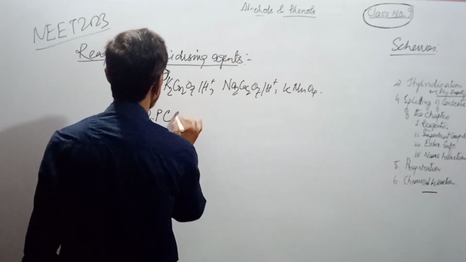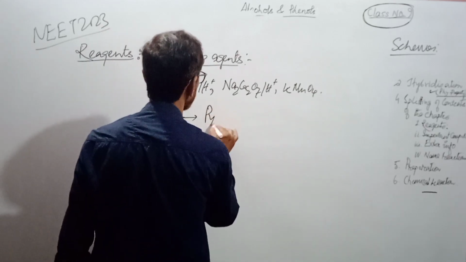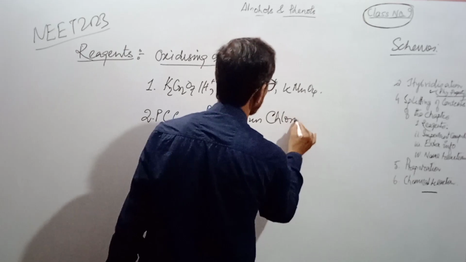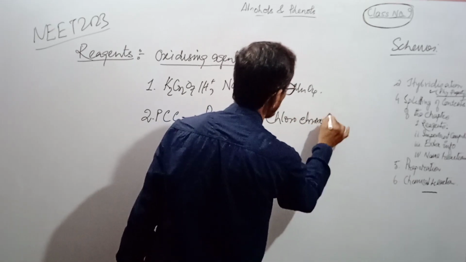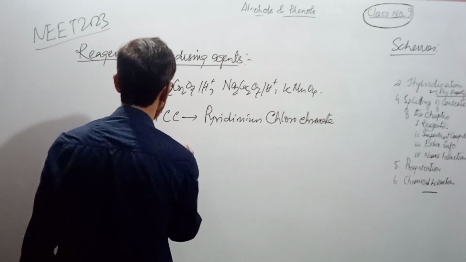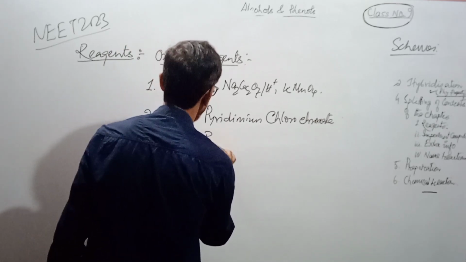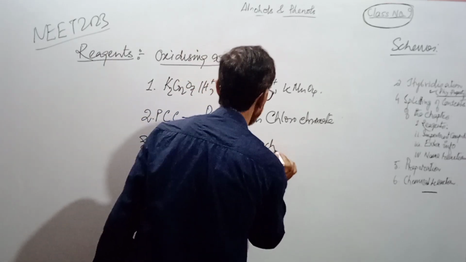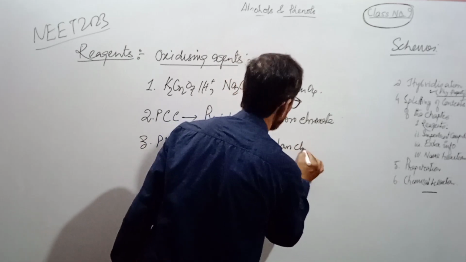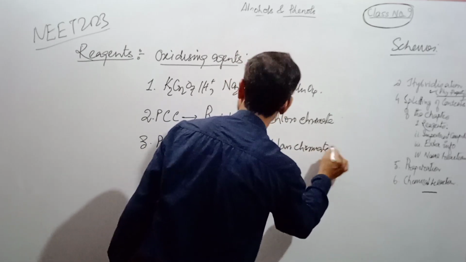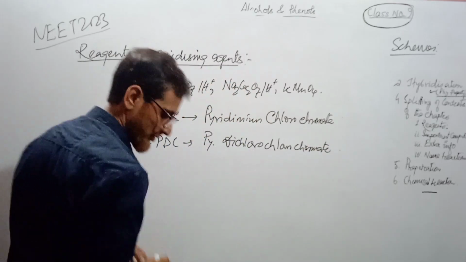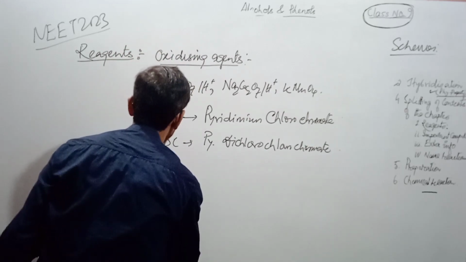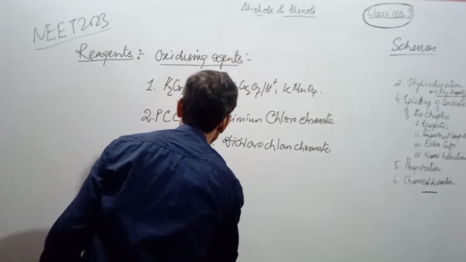Number 2 is PCC, pyridinium chlorochromate. Number 3, PDC, pyridinium dichromate. Number 4, H2CrO4.